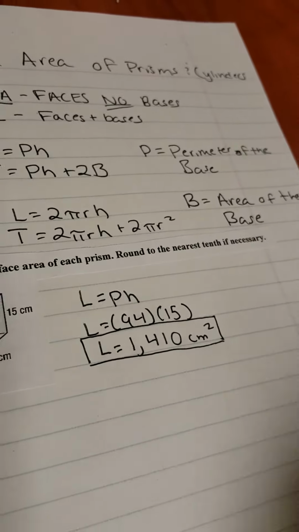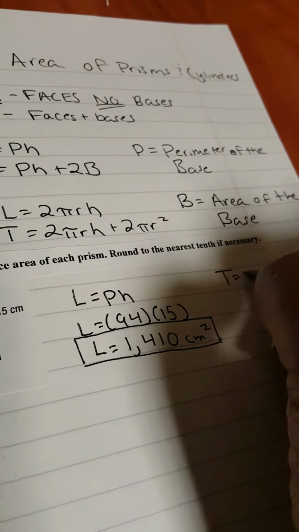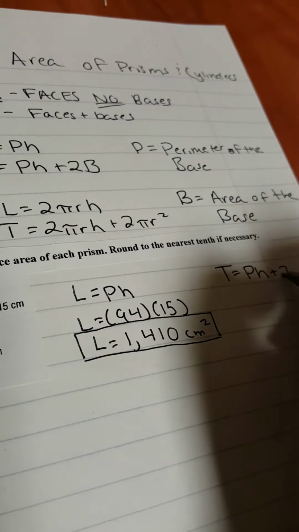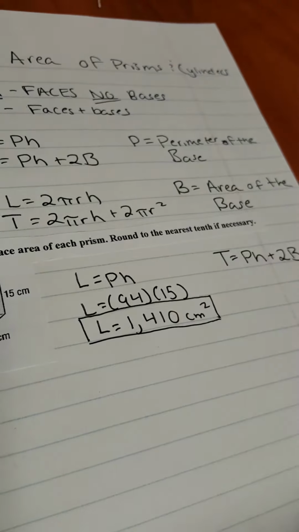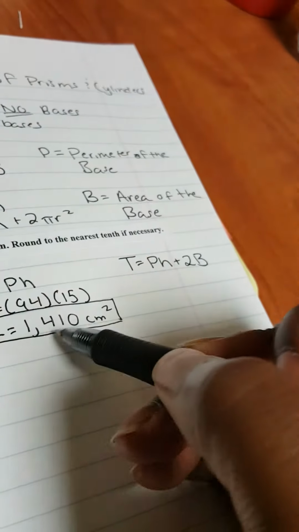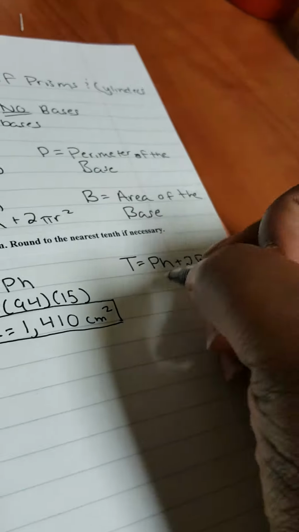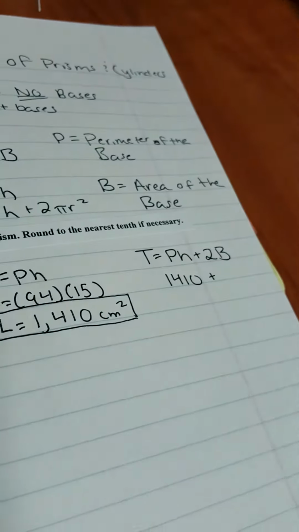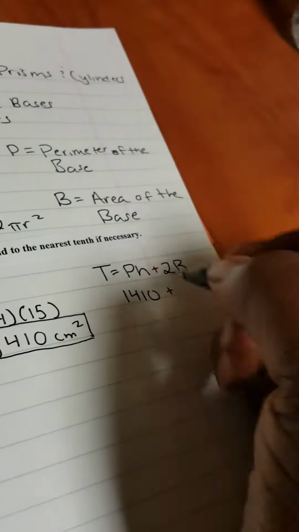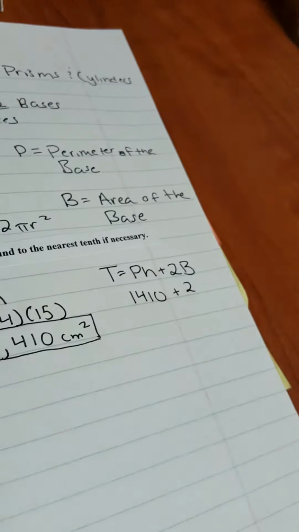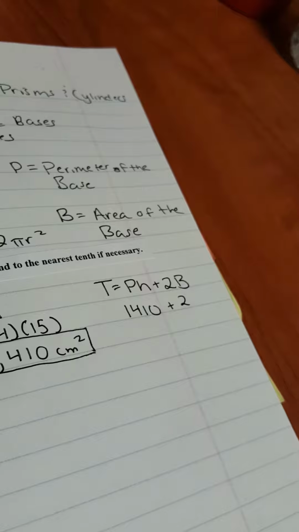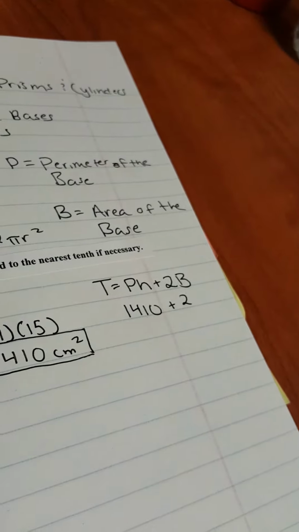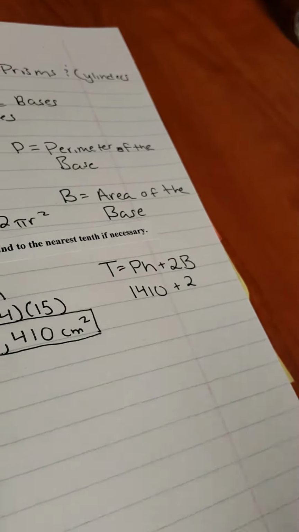Okay, then we're going to do the total. So when we're plugging in, we already know the PH part. So the PH part is the 1410 plus 2 times big B. What does big B stand for again?